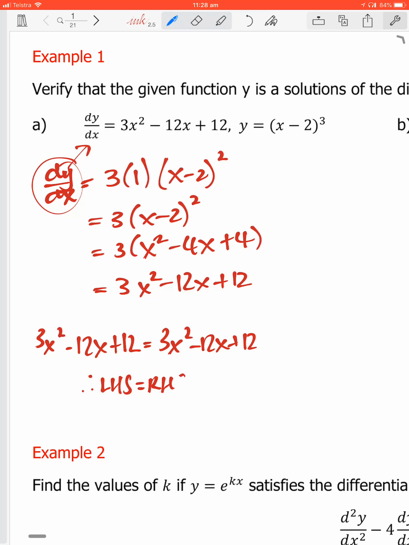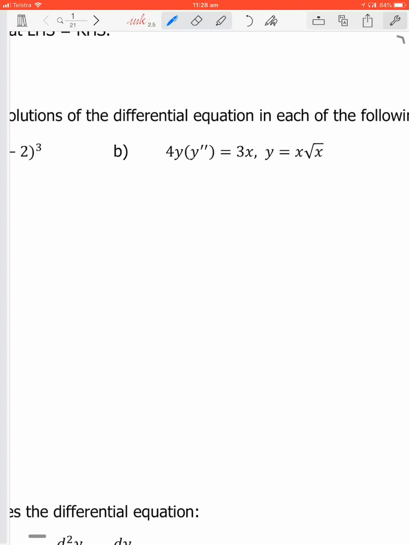Okay, next one: 4y y double dash equals 3x. So we have what y is, we need to find y double dash. So y dash is going to be: derive that and leave that alone, so it's root x, because that's 1, plus derive root x, which is 1 on 2 root x, multiplied by x.